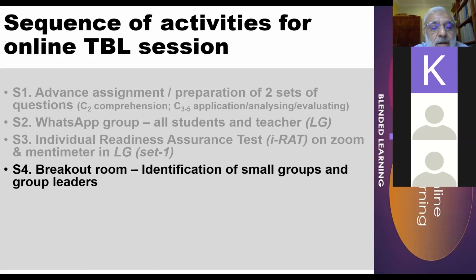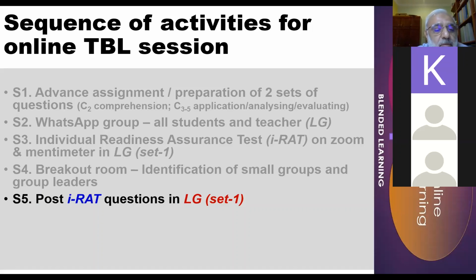Next, after this first IRAT, the students would be divided into groups. They would go to their breakout rooms, which is a facility available in Zoom, and the students will be divided into these small groups, and they would choose their own leaders. Then you post the same set of questions, the first set of questions, on the WhatsApp group, the large group, so that each student receives the same set of questions.